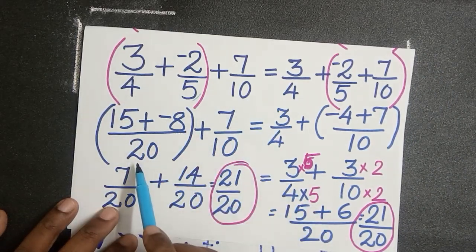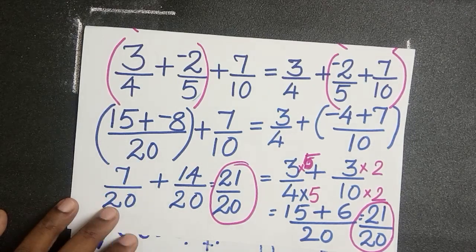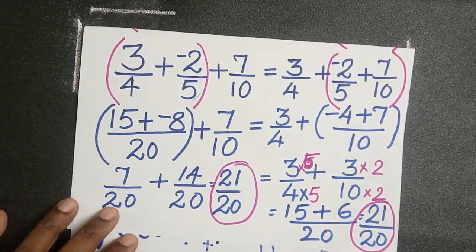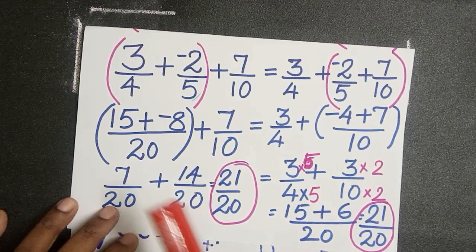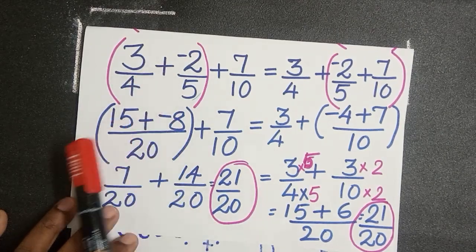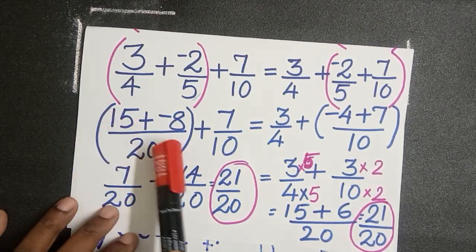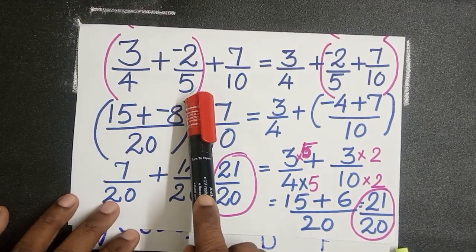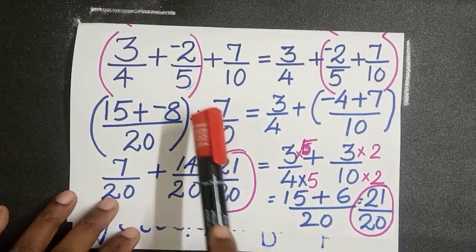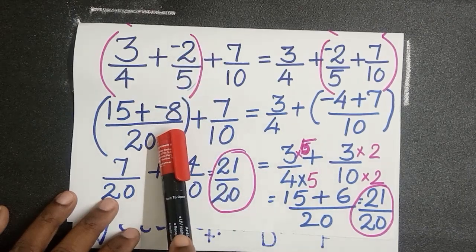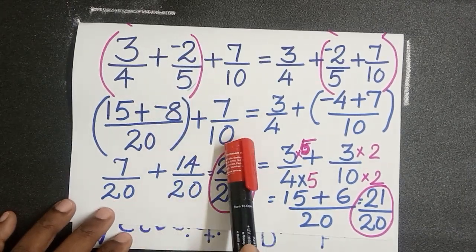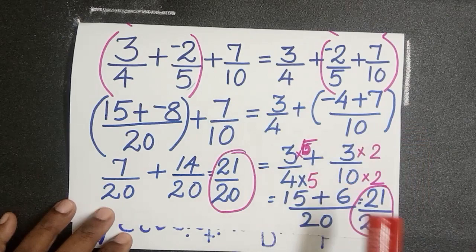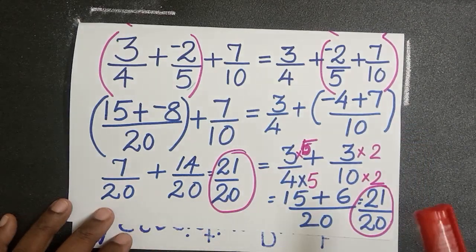The LCM is 20. So let us convert them first. 3 5s are 15 and here you have 5, so multiplied by 4. 2 4s are 8 and 7 upon 10 is a separate term, so we will keep it as it is. Later on we will change.